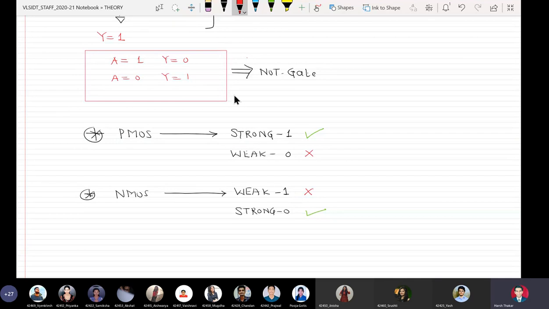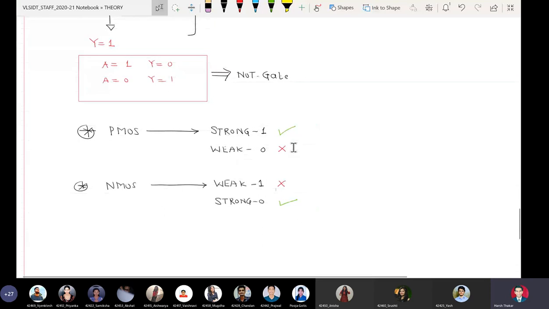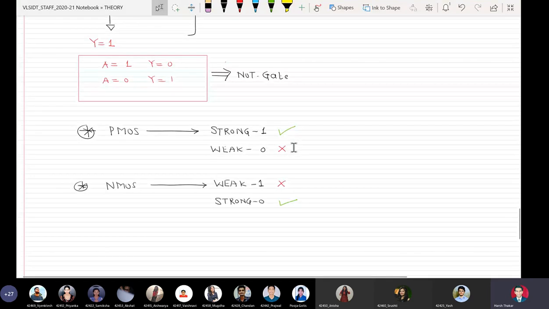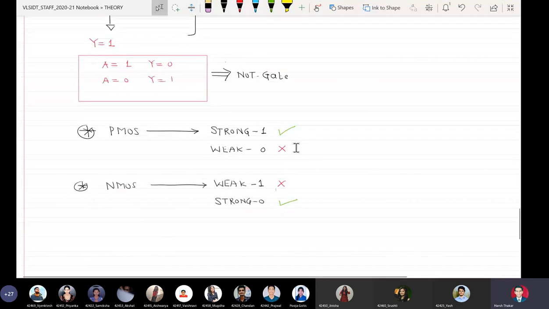Getting me? That is why when we implement digital systems using PMOS logic only, the problem is we get only 50% of the best values. We get strong 1, but we do not get a strong 0. If I use only NMOS devices, the NMOS logic family, I get strong 0, but I do not get a strong 1. That is why we go for the CMOS logic family, wherein we use both PMOS and NMOS.